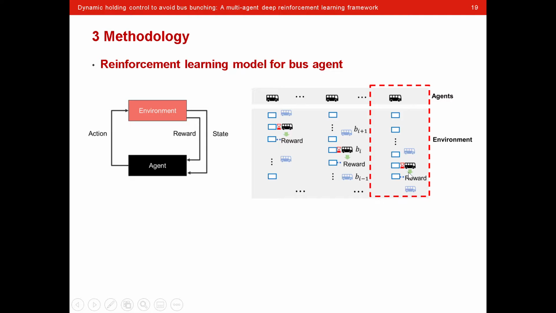As you can see, the engine is the bus here, and after it arrives at a bus stop, it can choose an action, and the action will affect the environment, and then it will obtain a reward at its next arrival. So this will be a loop. At each arrival, it will determine an action, and at the next arrival it will get its reward, and the reward will evaluate what it did, and this will guide it to improve its holding policy.